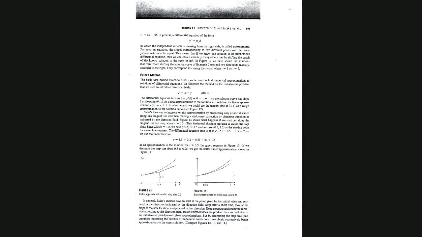If you're at this initial point, 0, 1, since we know a point, 0, 1, and since we know the slope of the solution at that point, y prime equals x plus y, so the slope of the solution is 1.